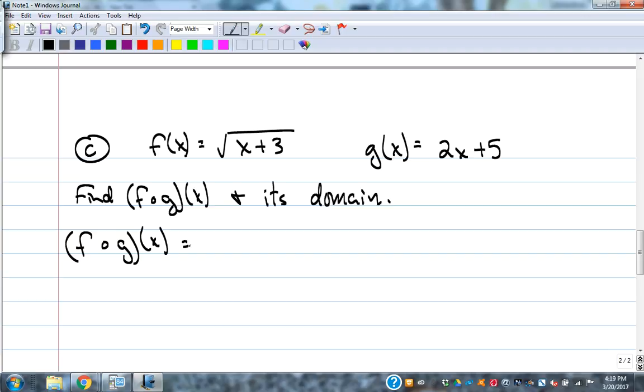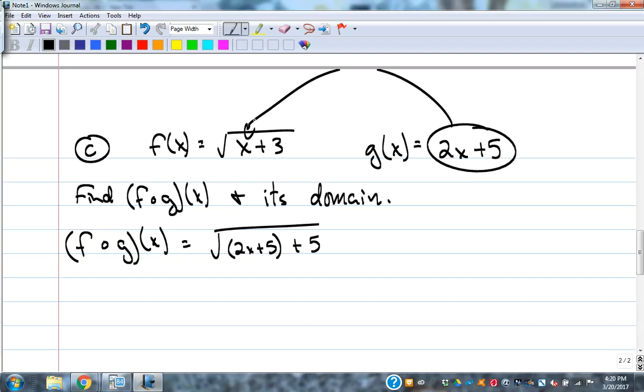So the composition, what's going where? g of x is going into f of x. So that's 2x plus 5 plus 3. So we're taking this and replacing x there with it. And then simplify that.